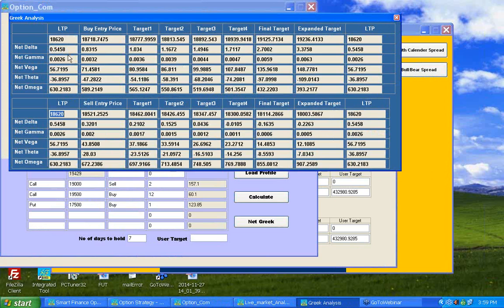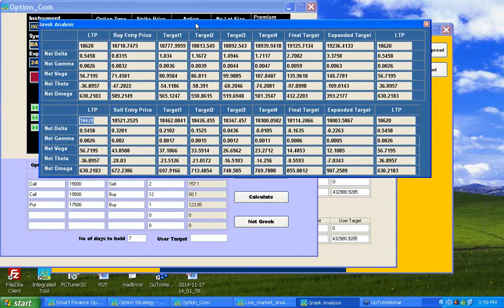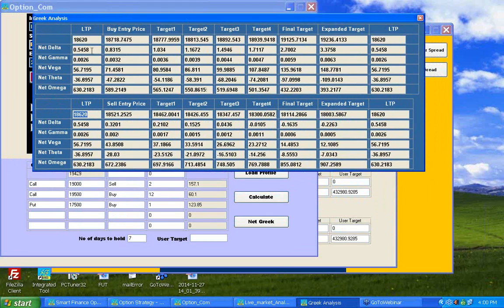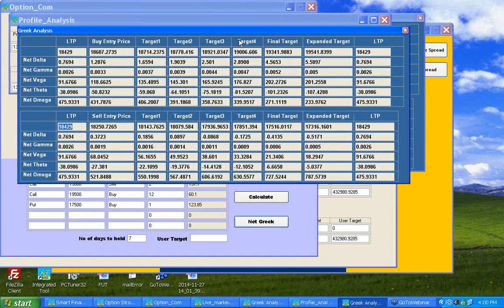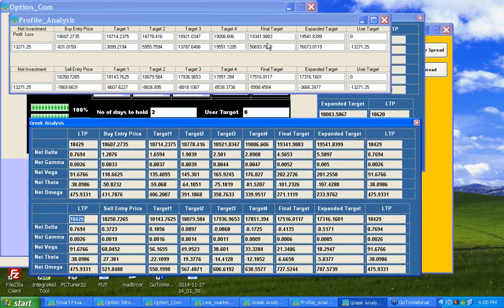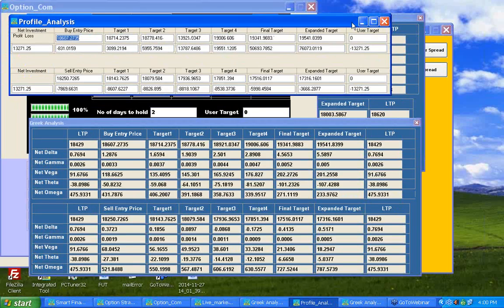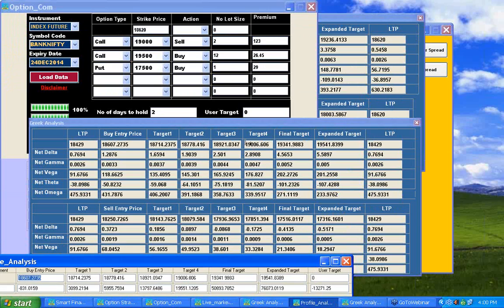So in this Greek analysis, what I am seeing here is that at 18,620 it is now 0.54. When I initiated this strategy 7 days back, the profit and loss was different, and the Greek was also different.